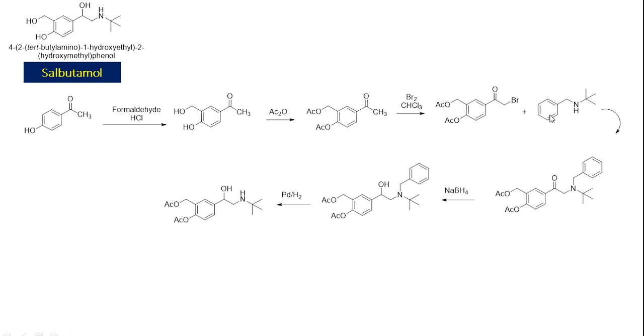The benzyl group can be easily removed by the palladium hydrogenation method, because this is an established procedure available in the industry. So that's why they have used benzylation for protection of the nitrogen, to avoid unnecessary reactions with this carbonyl carbon. And ultimately the acetate group can be released by a hydrolysis reaction to obtain salbutamol.